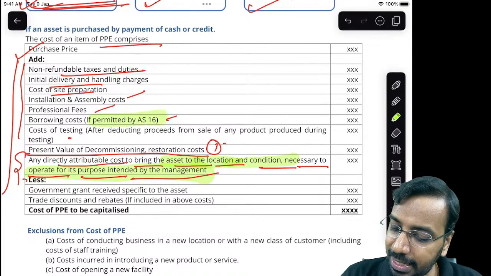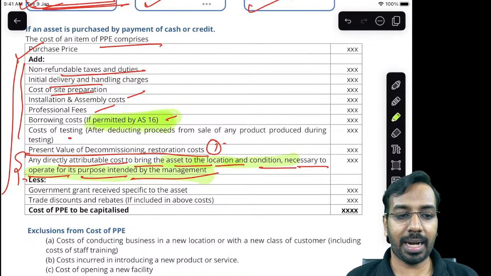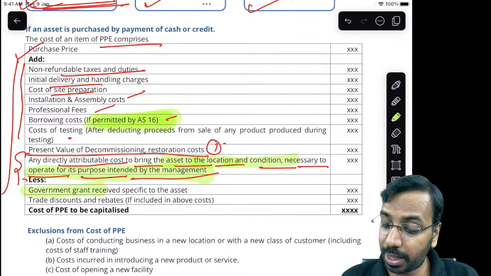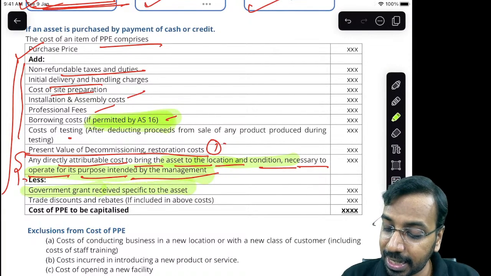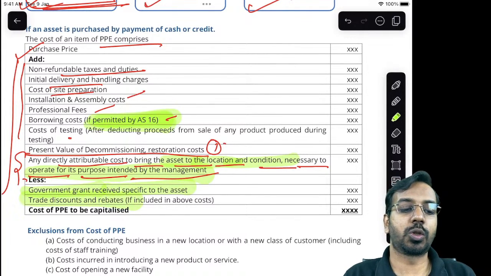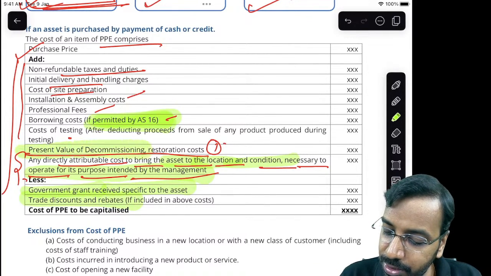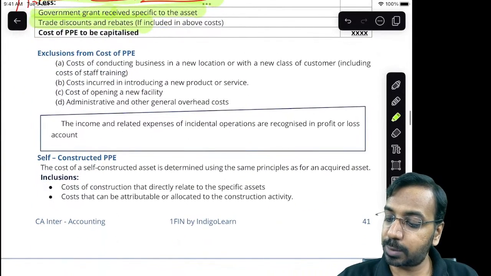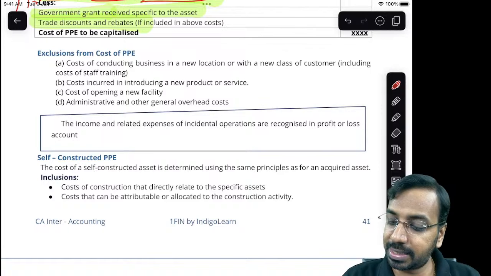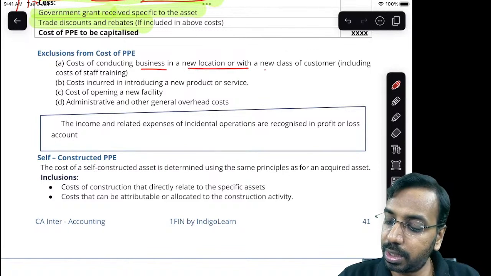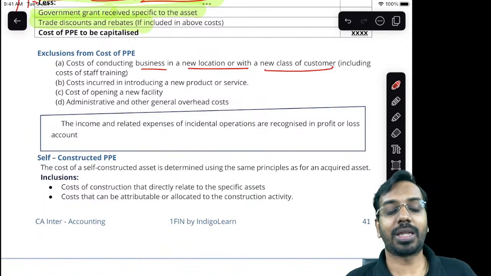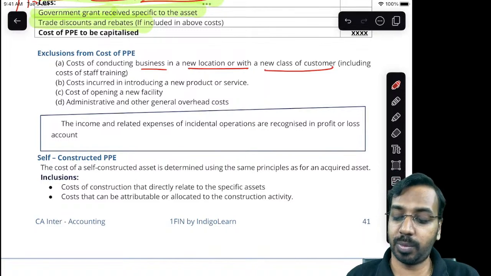Then we will understand in AS 16 that borrowing cost can be capitalized, and government grant, if you have received, you can reduce from the specific asset, and if you have received trade discounts, you will also reduce that. PV of decommissioning cost, I will handle separately. Now, some costs are specifically excluded. For example, conducting business in a new location with a new class of customer. If you have incurred some cost for that, it is not a cost of PPE.